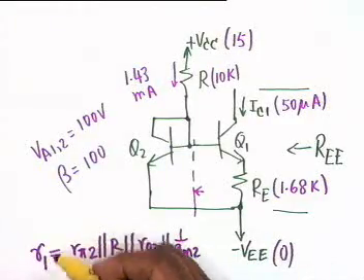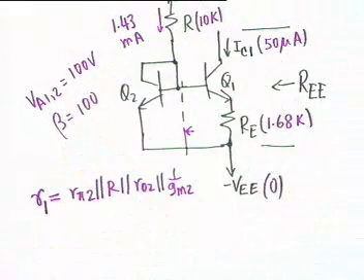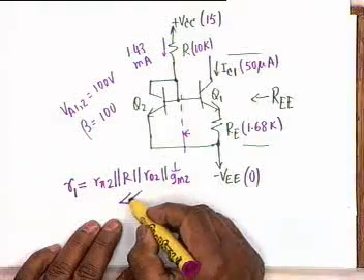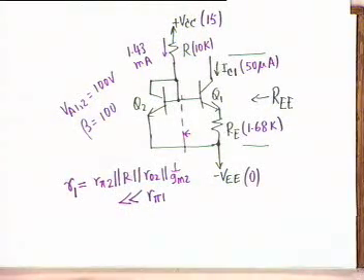This we had agreed to call small r sub 1, and because IC1 is much less than IC2, R pi 1, which is inversely proportional to IC1, must be very large compared to R pi 2, and therefore R1 is very small compared to R pi 1, and we could ignore it in the equivalent circuit.